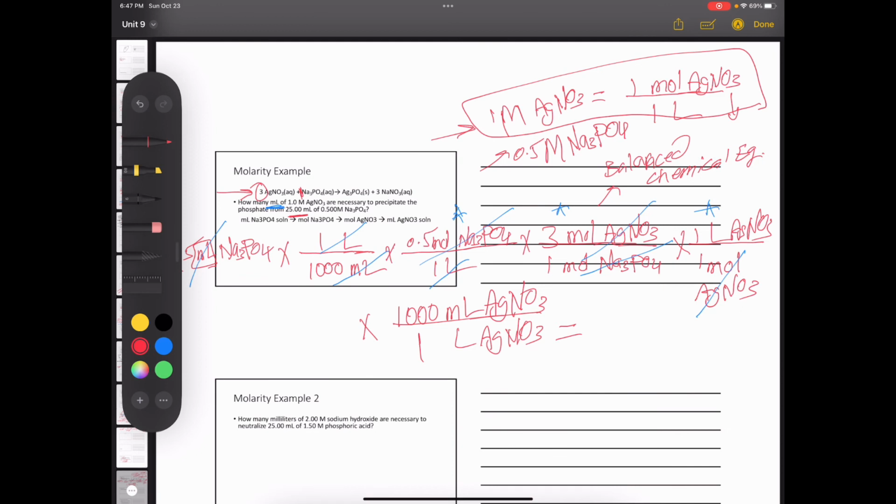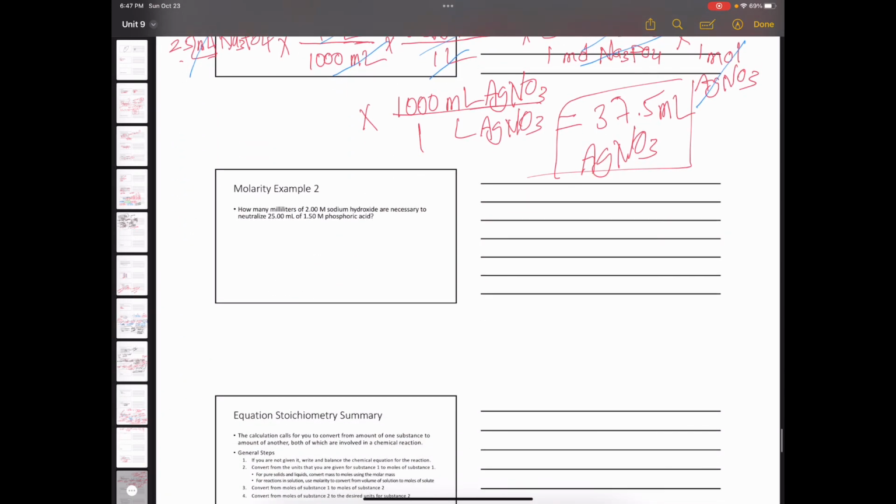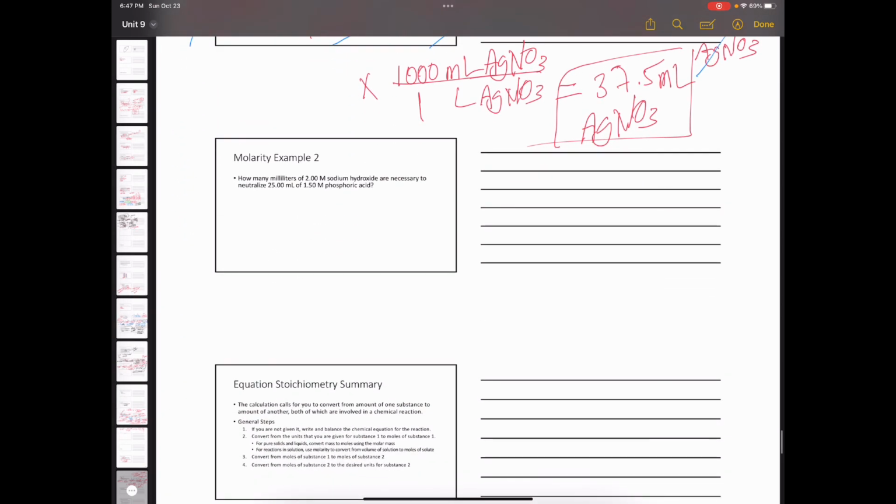If you put all these numbers in your calculator, the number you'll be getting is 37.5 milliliter of AgNO3 is needed to precipitate the phosphate. Okay? All right, let's try one more example for molarity, and that should seal the deal for us.